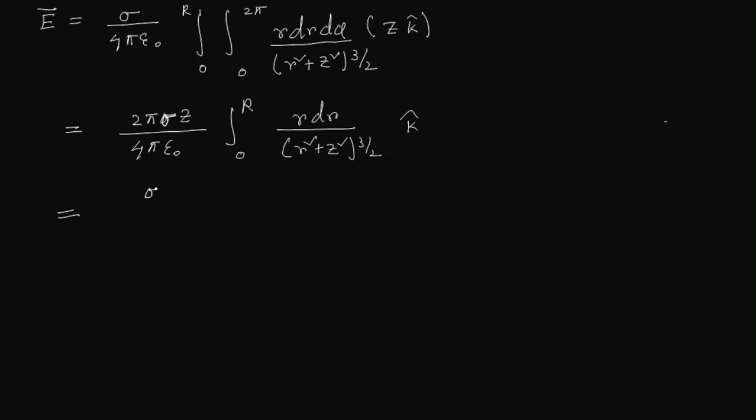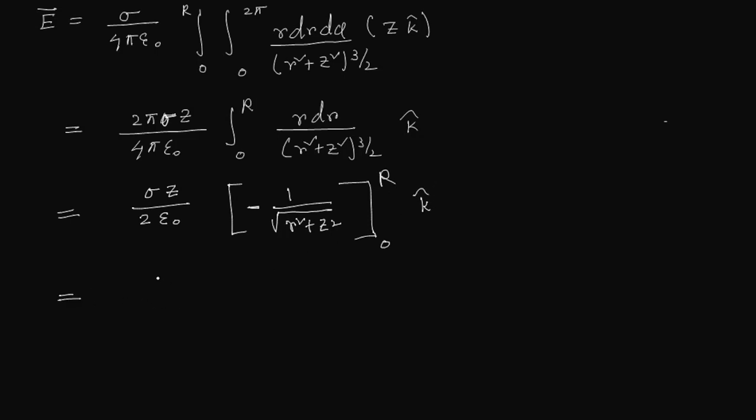Here, sigma z divided by 2 pi will cancel out, so we'll get sigma by 2 epsilon naught, and this will give you minus 1 by under root of r square plus z square, plus k cap.